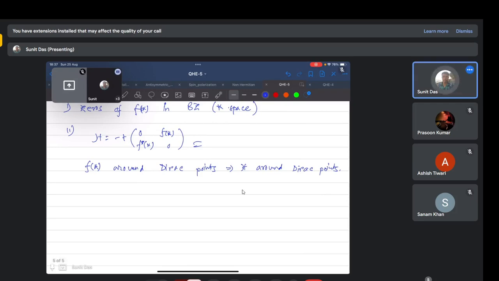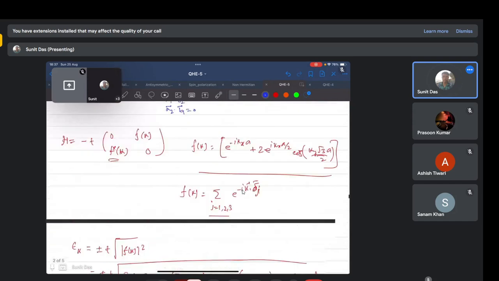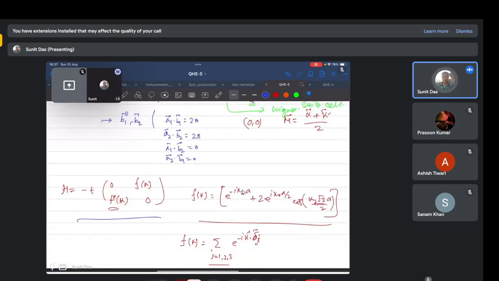So if you see this Hamiltonian, it is a fairly complicated 2 by 2 Hamiltonian, because of the form of fk. It is quite difficult to deal with this kind of expression all over the place while doing calculations, especially analytical calculations.